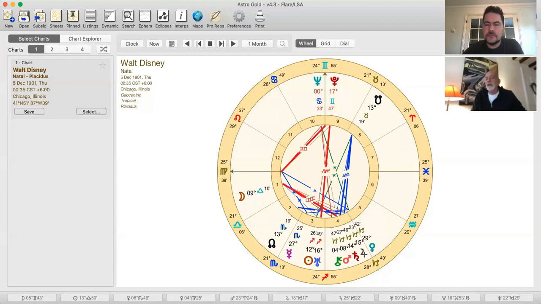Because when cycles are taking place, for example in the cadent houses, those are often times when our lives are going to slow down, especially the deeper that we go into the cadent house. And there might be more internal events rather than external events.